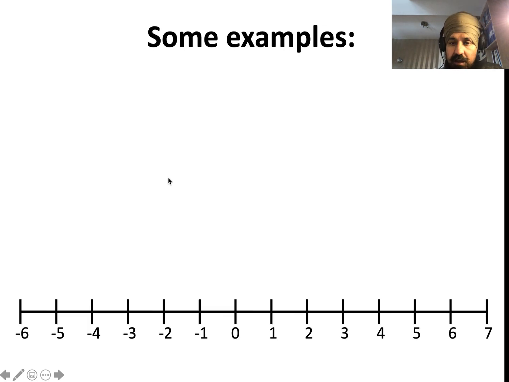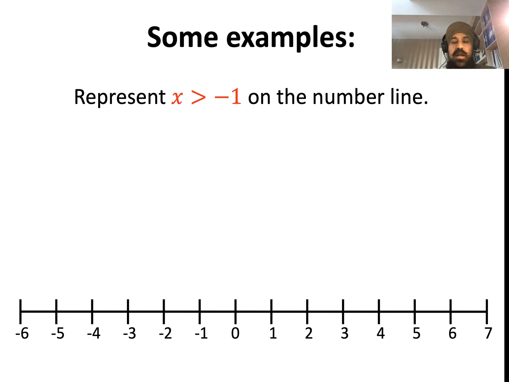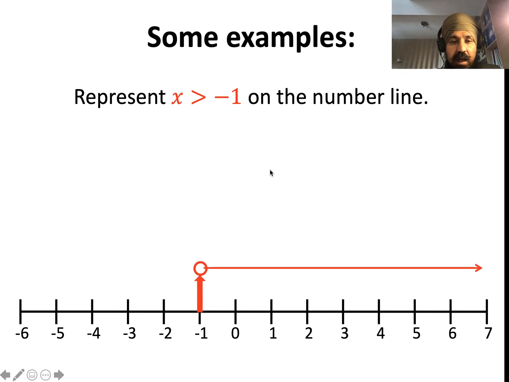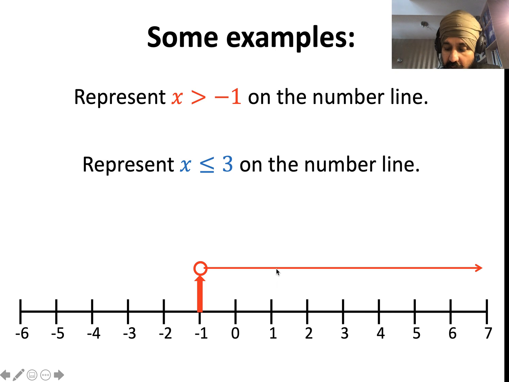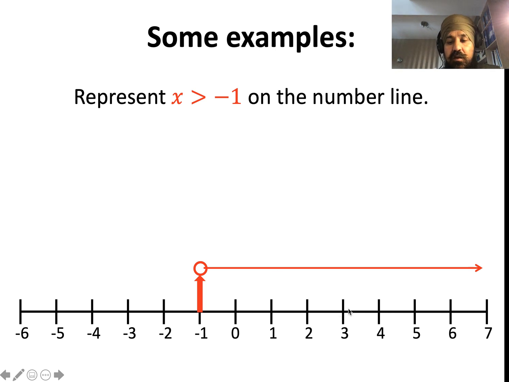So the open circle goes at -1, because that's the coordinate. It's saying x is greater, so all these values, 0, 1, 2, 3, 4, 5, 6, 7, are greater than. To represent this inequality, you do an open dot because it's greater than, and you just draw an arrow in that direction, because all these values here are bigger than -1.